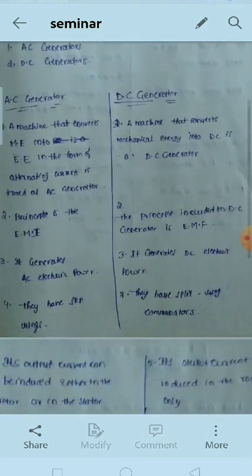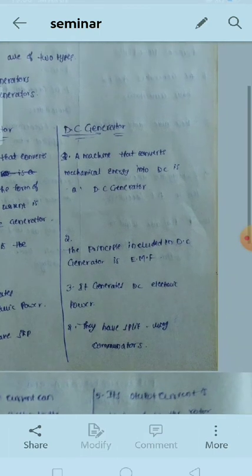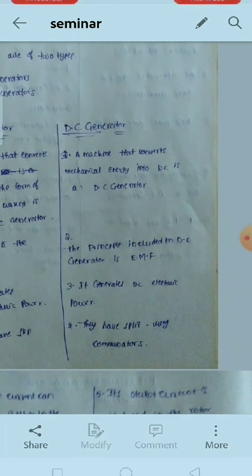Coming to the differences. A machine that converts mechanical energy to electrical energy by using alternating current is termed as an AC generator. Coming to the DC generator, it is a machine that converts mechanical energy to direct current.